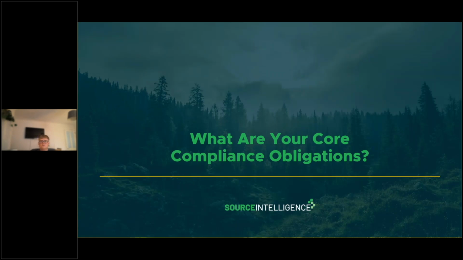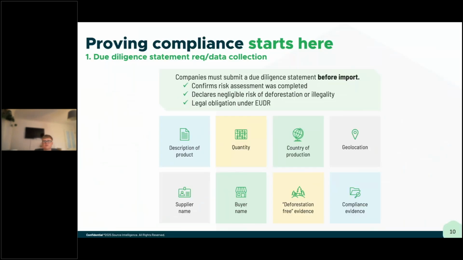So those were the main rules of the EUDR. What are the core compliance obligations? Well, proving compliance starts with the requirement for a due diligence statement and also data collection as prescribed in Article 9 of the regulation.